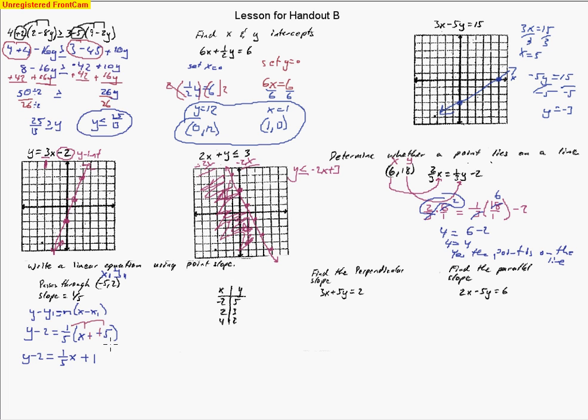The 5's cross cancel, you're left with 1. So from this point, we can go ahead and add the 2 to both sides. And so when I do that, 1 and 2 make 3. So now I've got y equals 1/5 x plus 3, and that would be my answer. Oops. So let's go ahead and box that again.